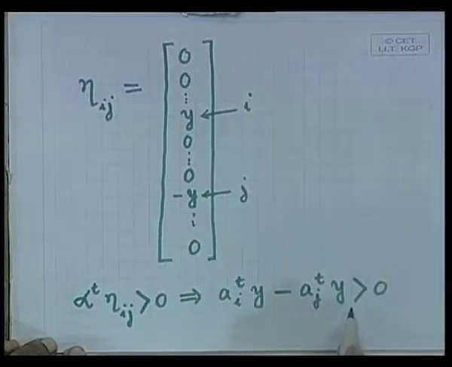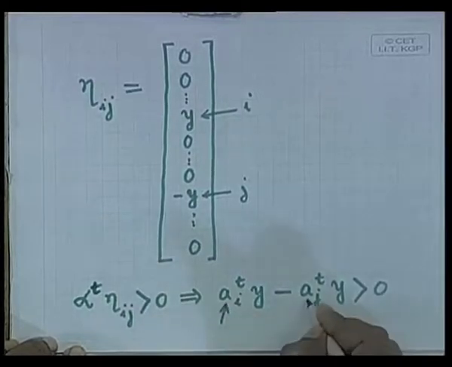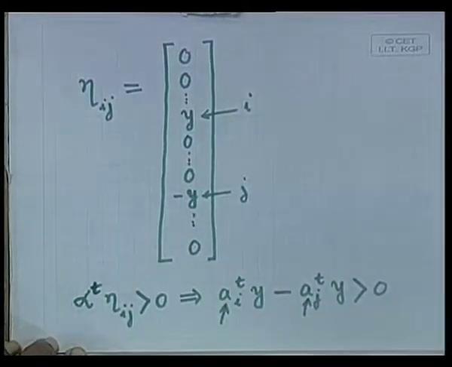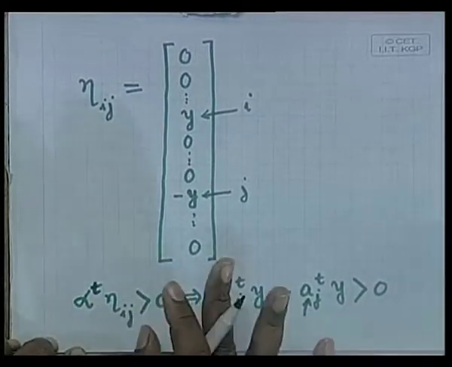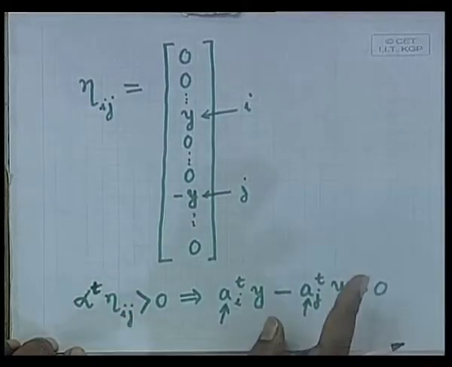So, when I have this sort of formulation, alpha transpose eta ij, for every such inequality I actually have the weight vectors corresponding to discriminant functions of two different classes omega i and omega j involved in it. For proper classification of any sample y, I must have alpha transpose eta ij greater than 0.